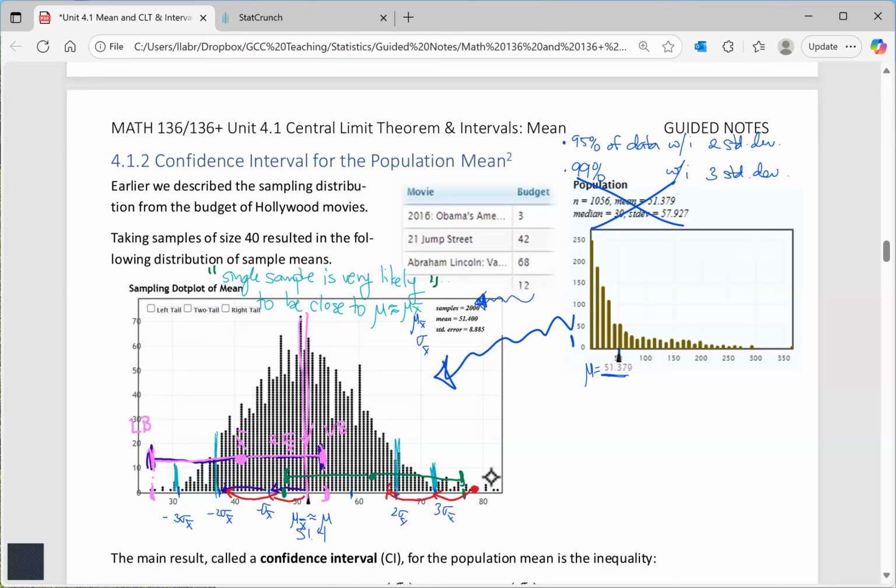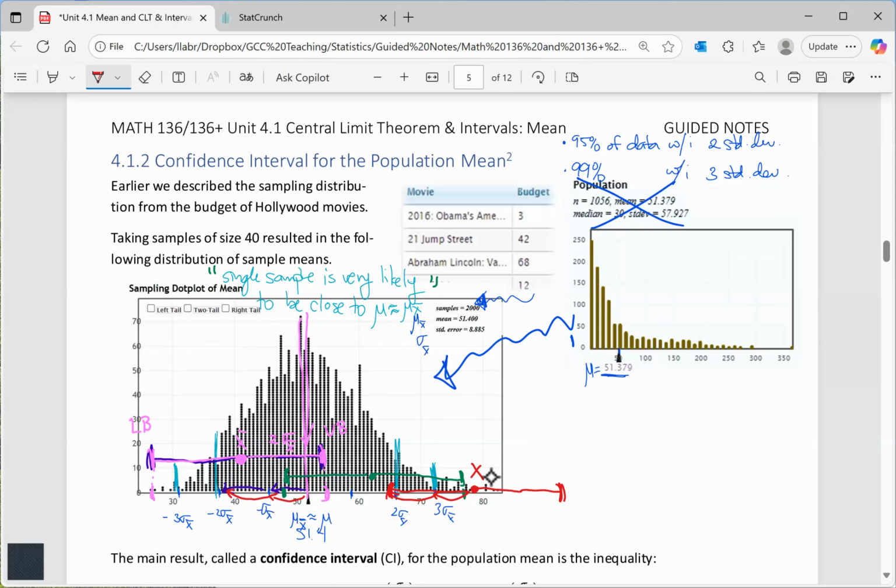And notice that that would be my lower bound. And if we do the same thing to the right-hand side, 1 and 2, that would be my upper bound. So notice this interval does not capture the true center at 51. This interval starts somewhere around 65 and ends maybe at 90 or 100. So this interval would be wrong. This is a bad sample. But most of the time we will get samples that are very close.